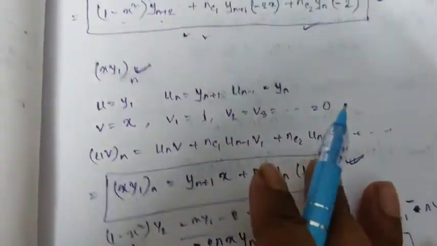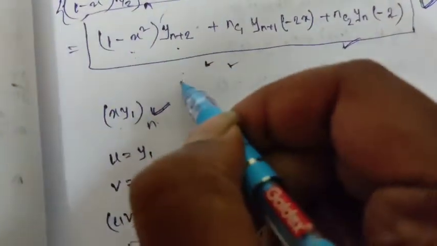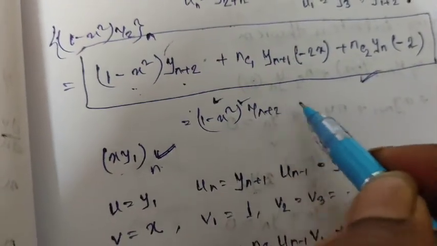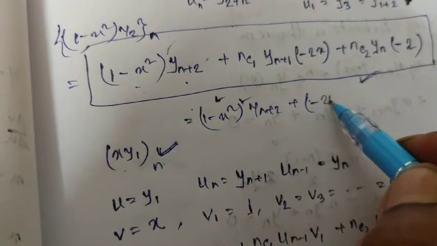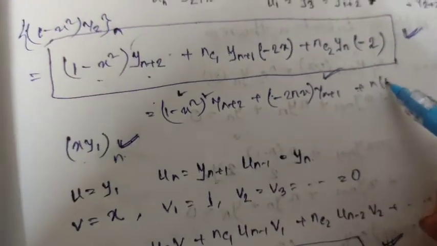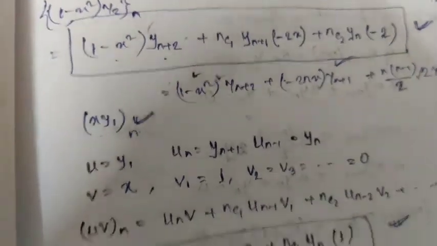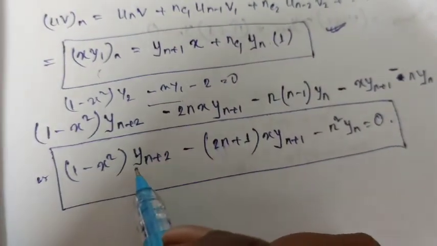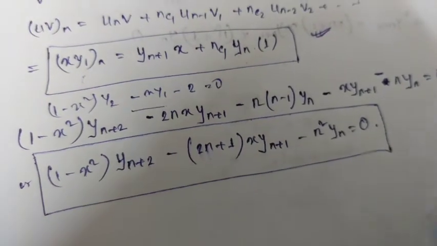If you simplify, you get (1 minus x square) yn+2 plus nC1 means n, minus 2nx yn+1 plus n(n−1)/2 into 2 yn. Here 2 and 2 cancel out, so we get this relation, and if we simplify, we get (1 minus x square) yn+2 minus (2n+1) x yn+1 minus n square yn is equal to 0.